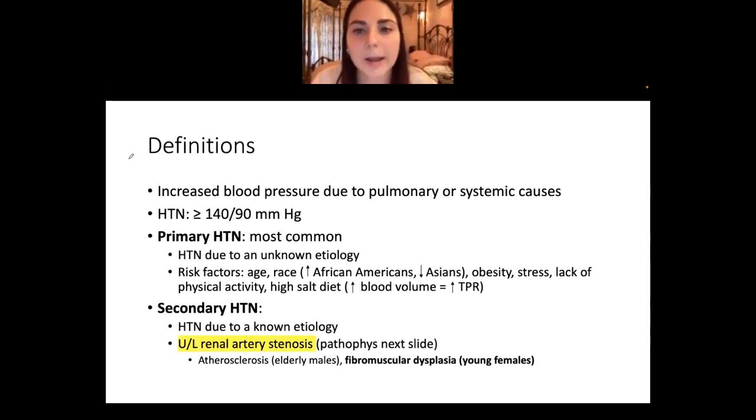Okay. All right, hypertension. I know you guys all know what this is, but it's really important to understand these various definitions of hypertension, especially for pharm, when you're learning the antihypertensive medications, and it's like, oh, you give this for hypertensive urgency versus hypertensive emergency, give this for primary hypertension versus secondary.